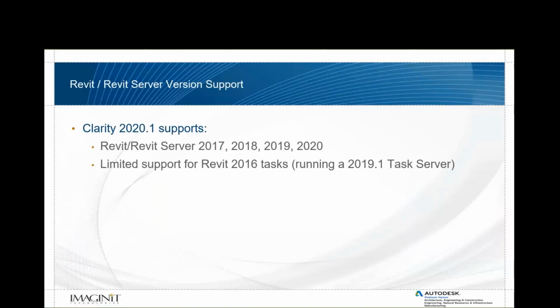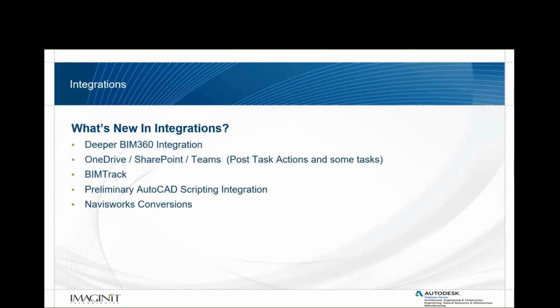If you attach an old version of Clarity running 2019.1, you can still attach that kind of task server to a Clarity 2020 host server, and you can cover your 2016 projects that way. So that's how we get to 5 supported versions rather than just 4. And we hope that's enough. You can tell us at the end if it's really worth our time and energy to go back and support your Revit 2011 projects. I feel sad for you.